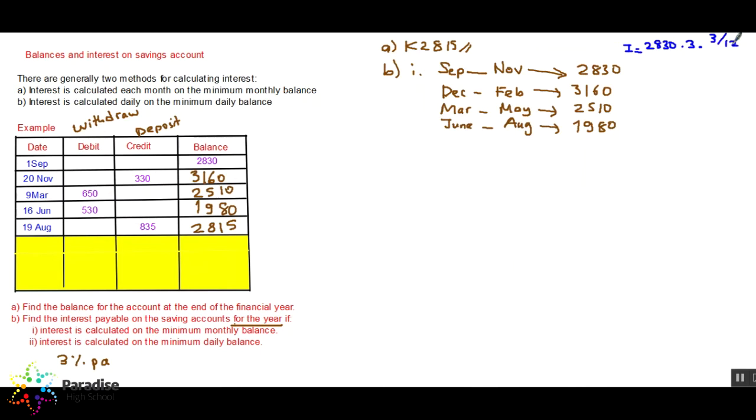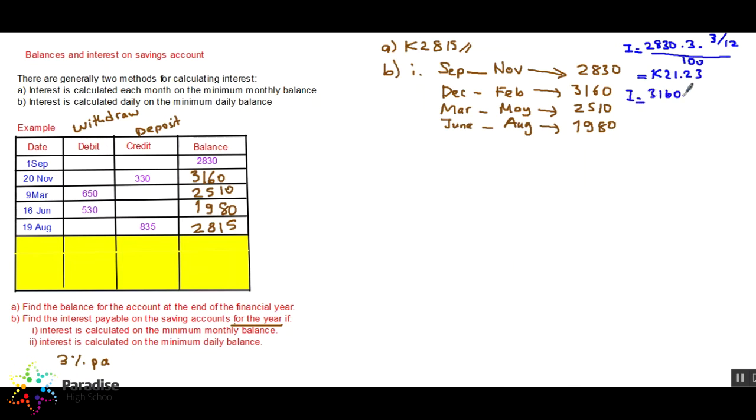So 3 over 12 divided by 100. Let's calculate it: 2,830 times 3 times 3, 9, divided by 1,200. That makes 21.23 kina.